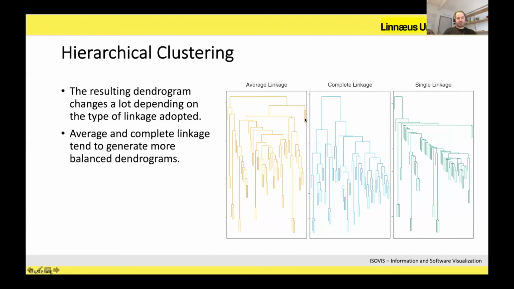So average and complete tend to generate more balanced dendrograms. I would say it is recommended to use either average or complete linkage.